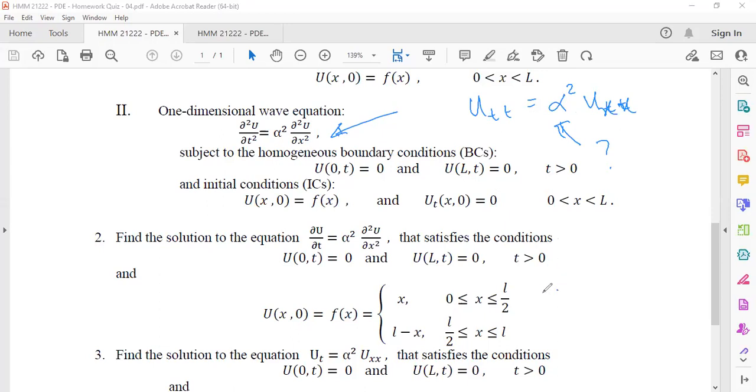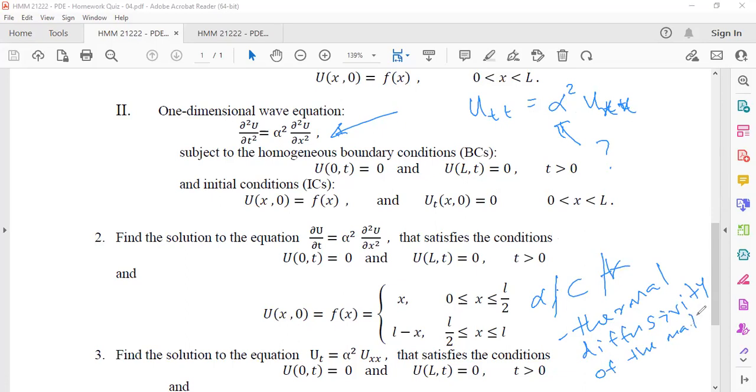So alpha or c or any k. In some books they use k. Thermal diffusivity of the material of the rod.